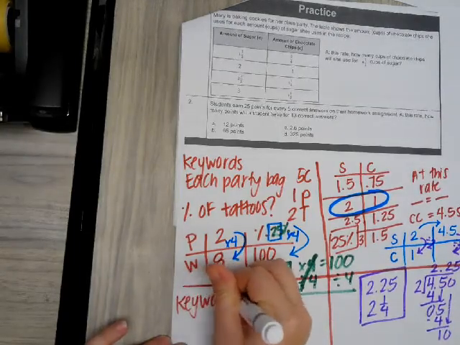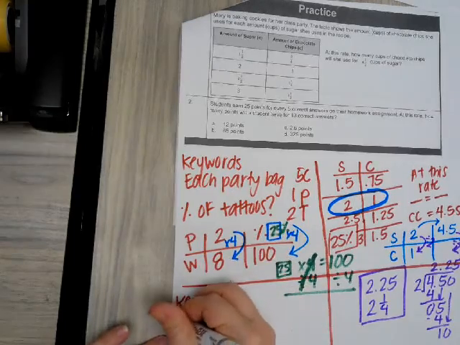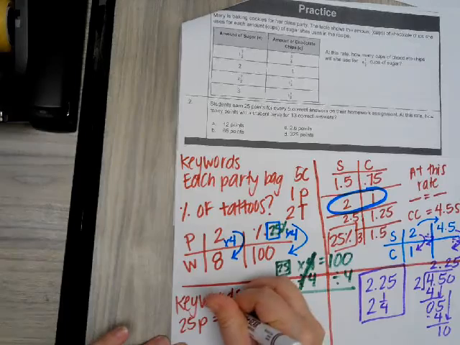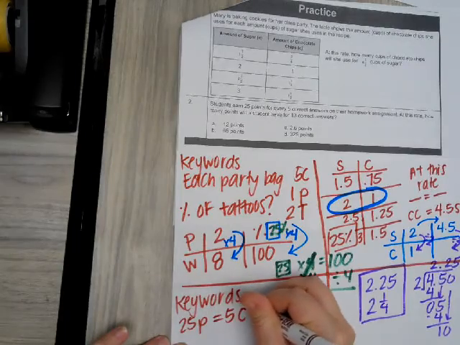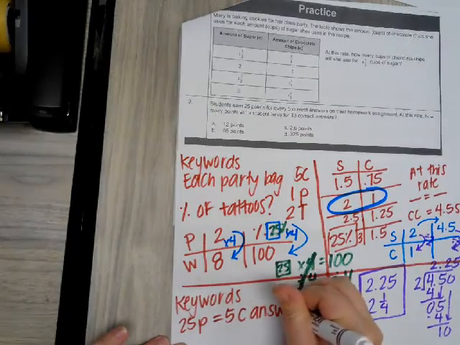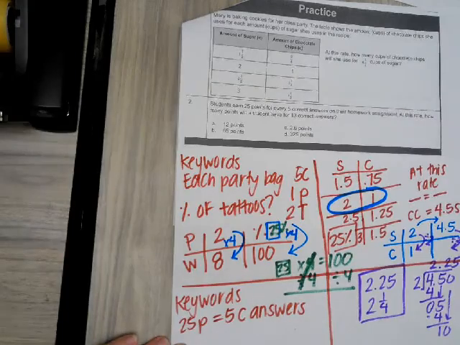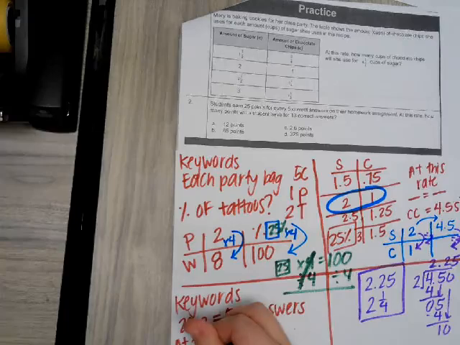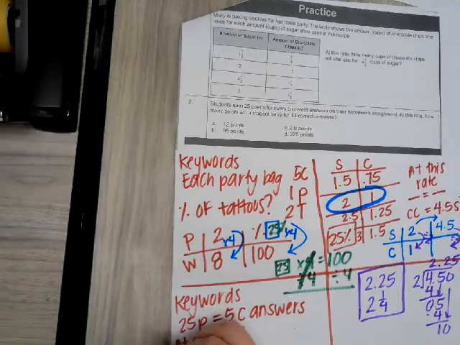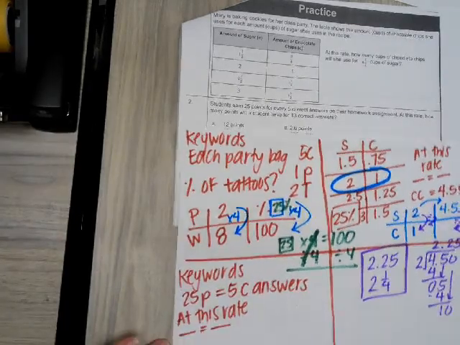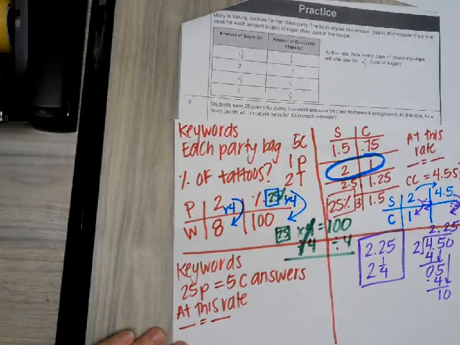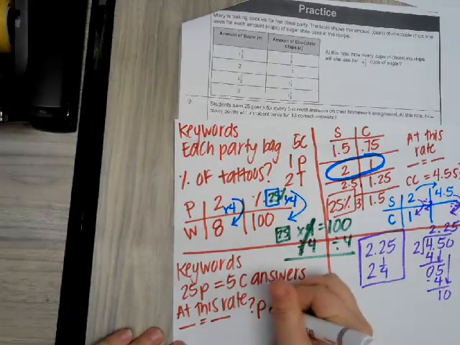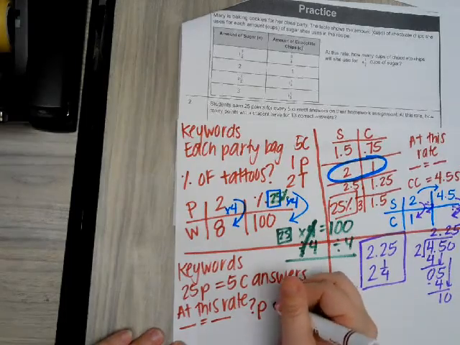At this rate, remember, that means proportion or a ratio table. How many points will a student have for 13 correct answers?